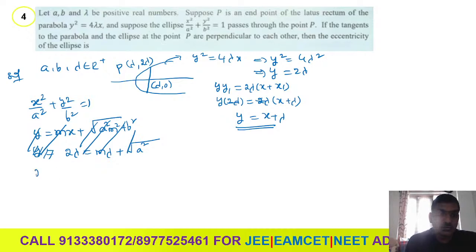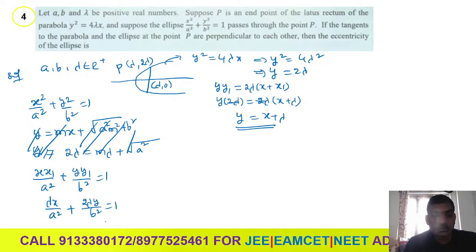The point form is x x1 by a square plus y y1 by b square equals 1. So lambda x over a square plus 2 lambda y over b square equals 1.